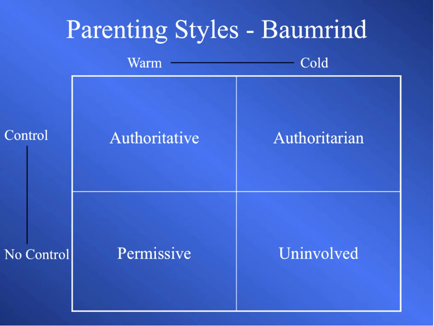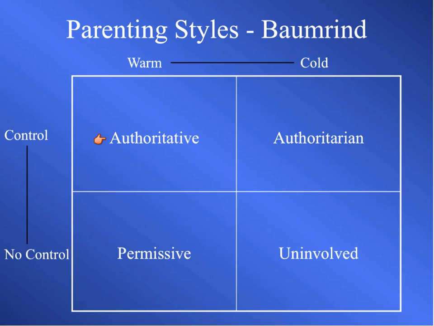Well, if you cross 2 by 2, you get 4 different styles of parenting here, the 4 quadrants within this little table. So we're going to talk about authoritative, authoritarian, permissive, and uninvolved parenting. Authoritative parenting, upper left here. By the way, before I start talking about these, your mom and your dad might be in different squares here in this little matrix.